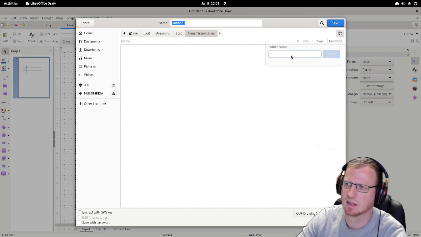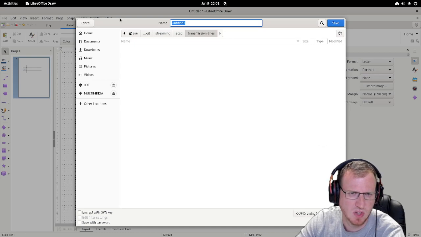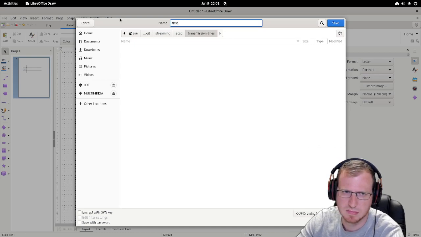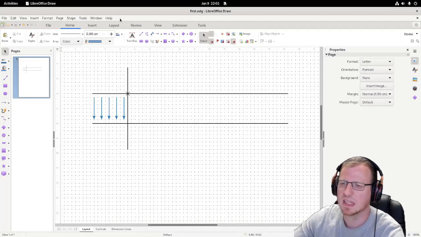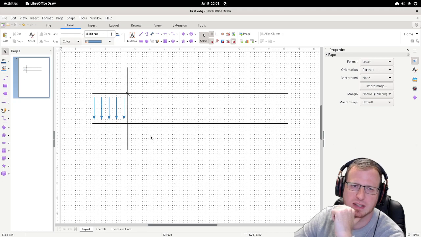Transmission lines. And first, this is at time 0.